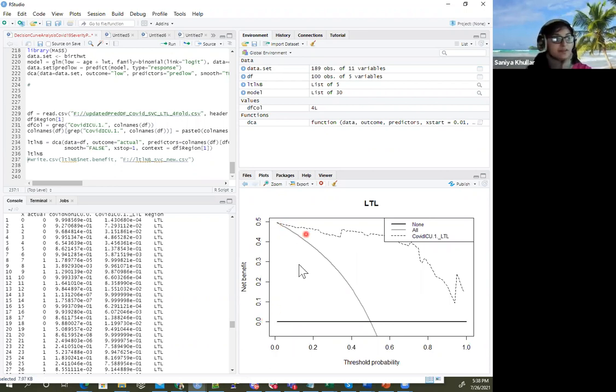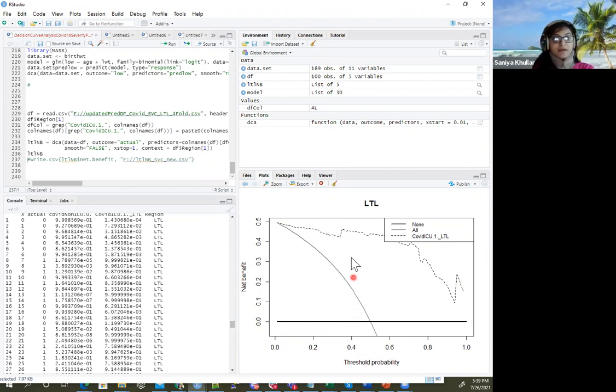It already gives me the net benefit curve of how my predictive model does relative to the extremes of treating nobody, predicting everybody's in class 0 and sending no one to the intensive care unit, or predicting everyone has severe COVID, let's just send everybody there, let's not make any mistakes. Those are the two extremes. And then my predictive model, how does it provide net benefit?